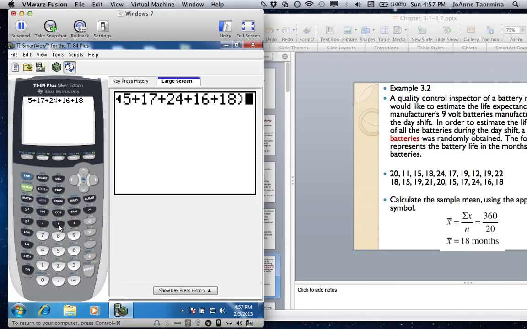That's the numerator, where you add up all the data values, and then divide by the denominator, 20 months.